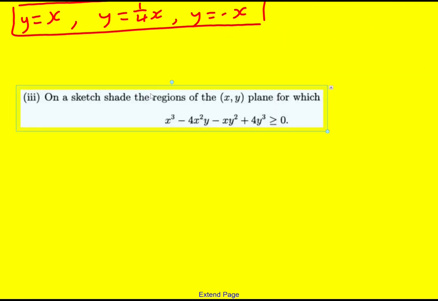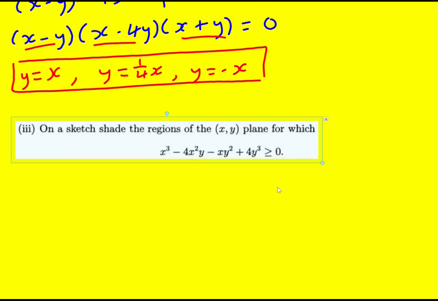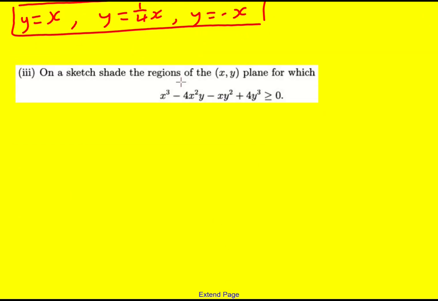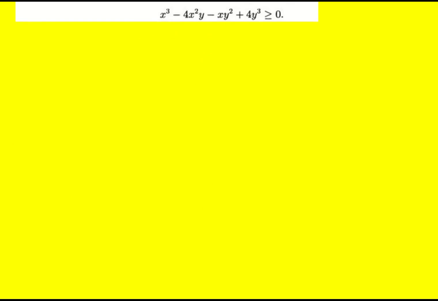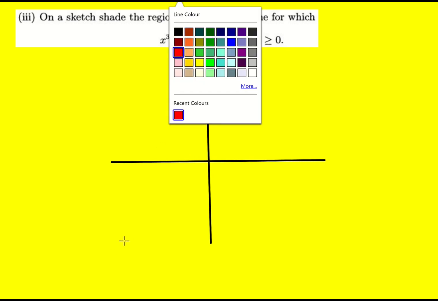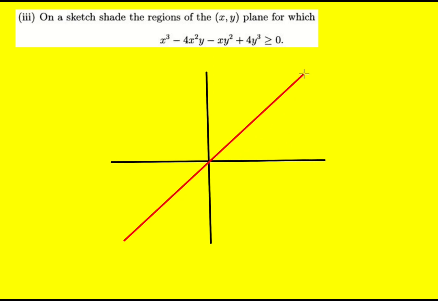And then finally, we're asked to do a very similar thing, but now it's an inequality. So let's sketch the region. Okay, first up, y equals x. I can draw this line, and it's going to be a solid line because it can equal 0.